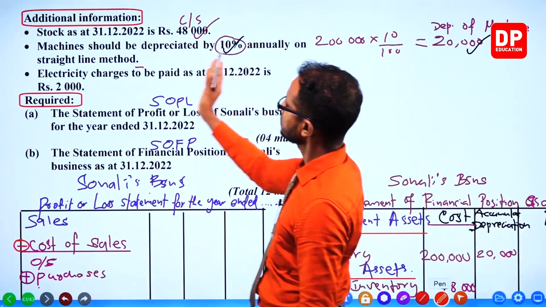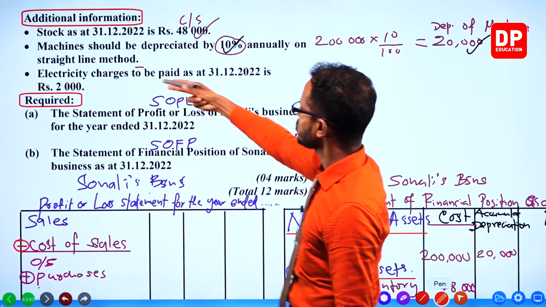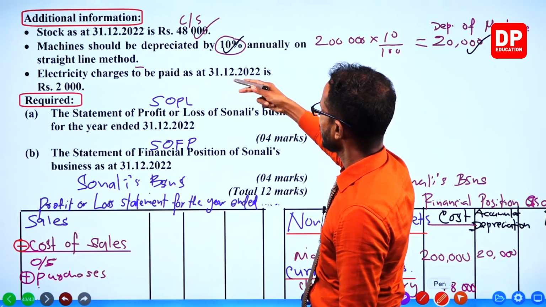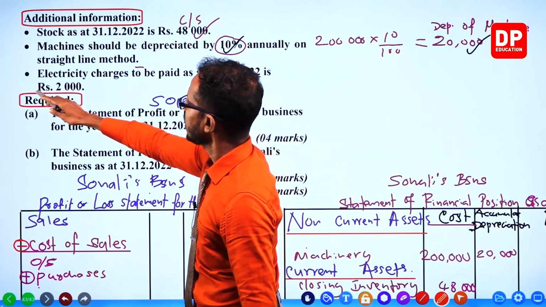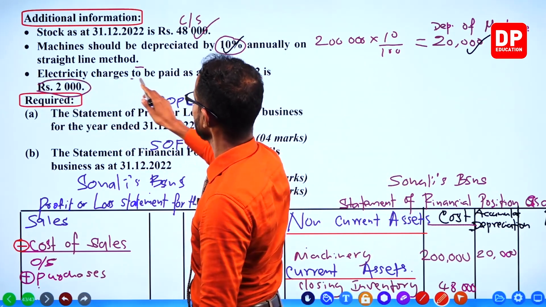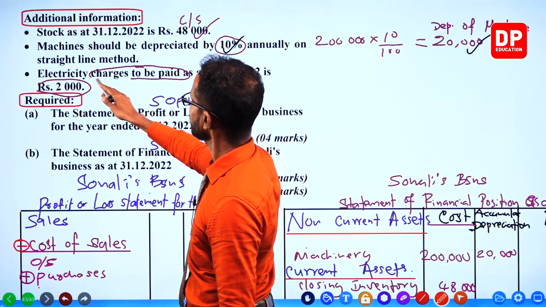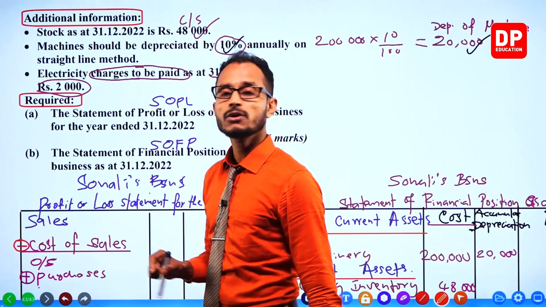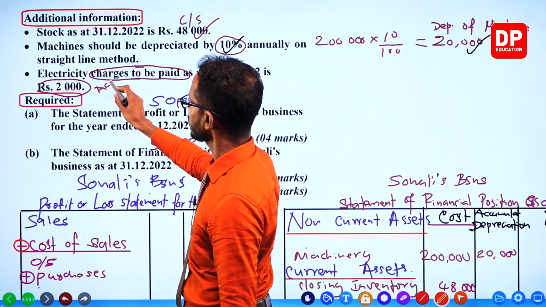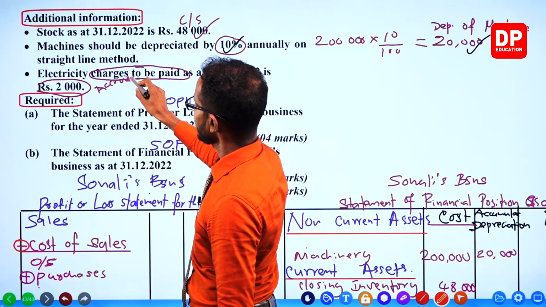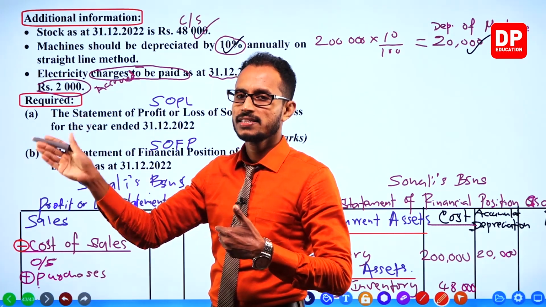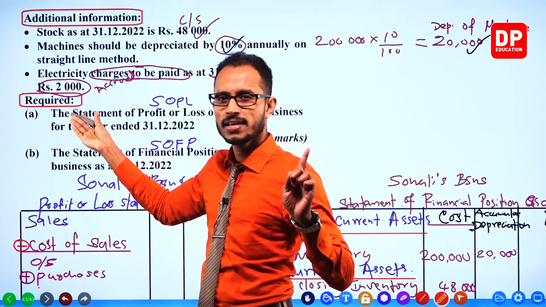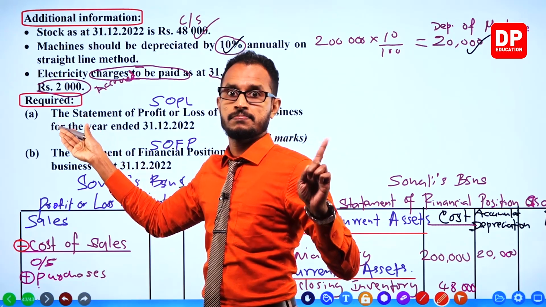Done. Electricity charges to be paid as at 31st December 2022 is accrued. Now this is a to-be-paid, accrued one. Accrued means you have to pay the expense, but that value has not been paid at the end of the year.